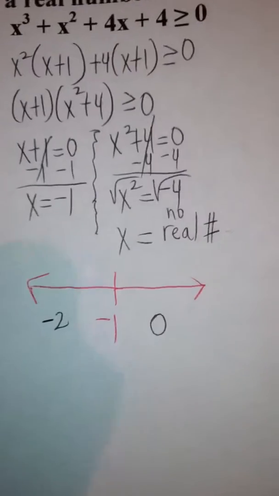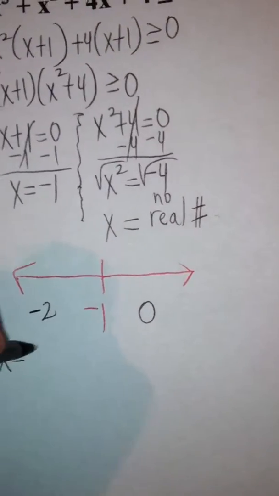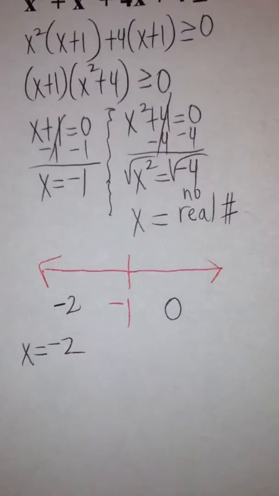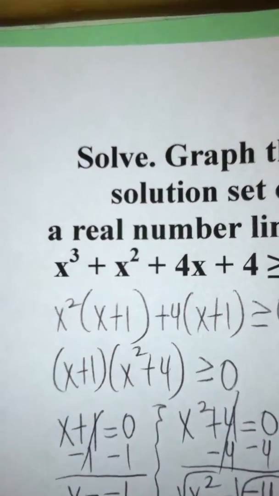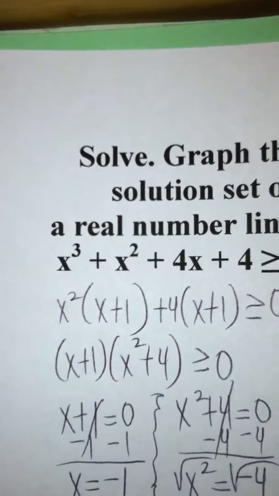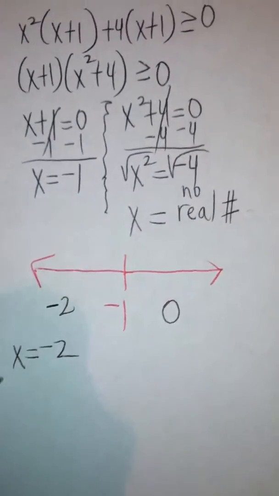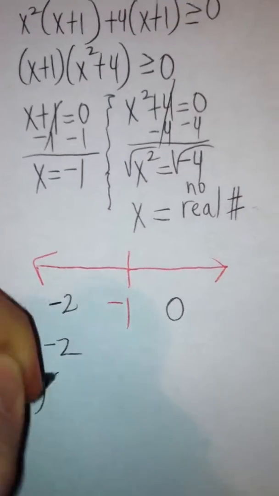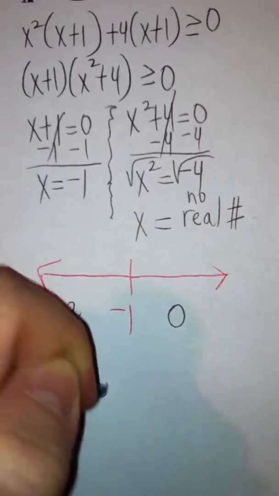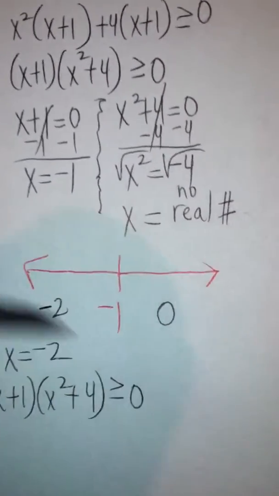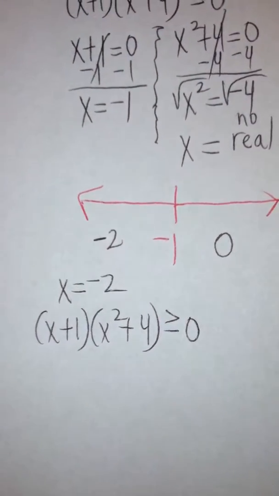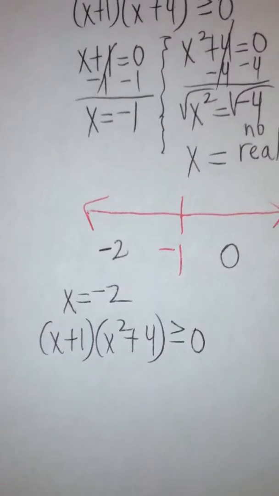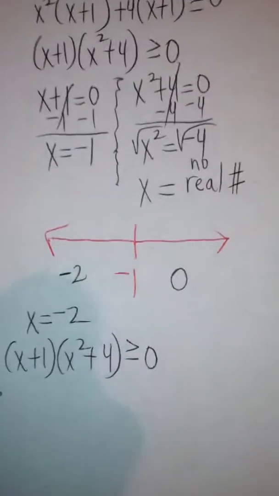Let's test negative 2 first of all. And we're going to use the factored inequality, x plus 1 times x squared plus 4. And we're trying to verify if that comes out true or false based on our test point. So we'll plug in negative 2.